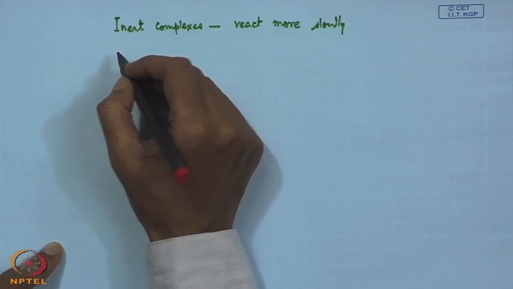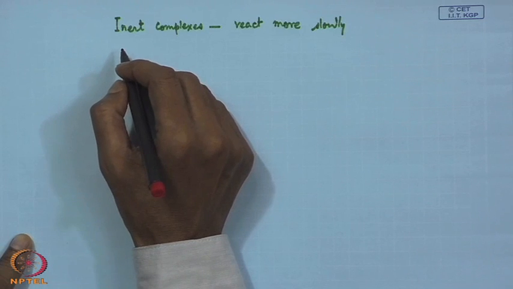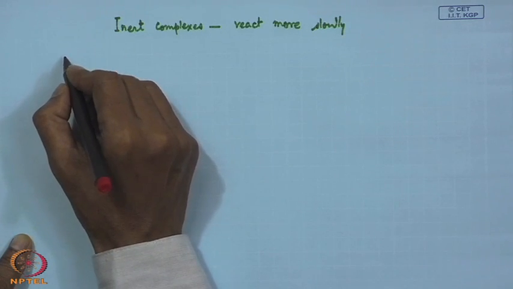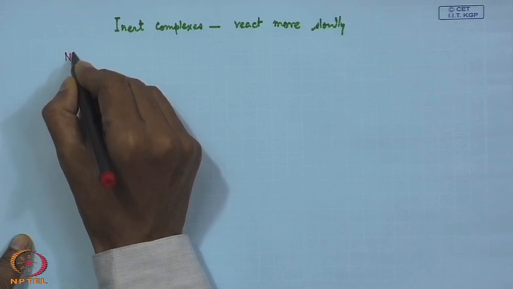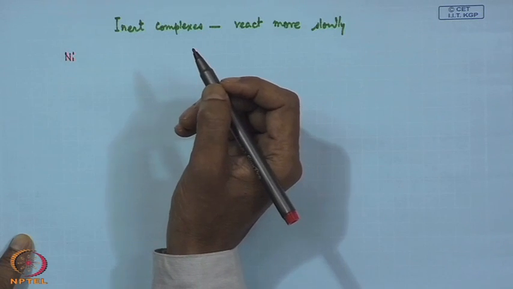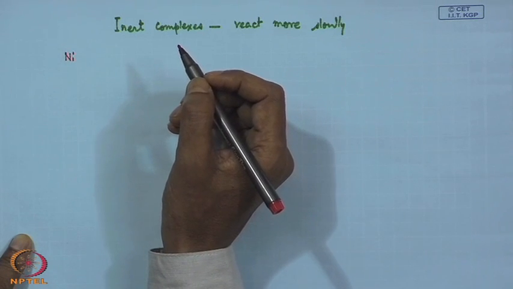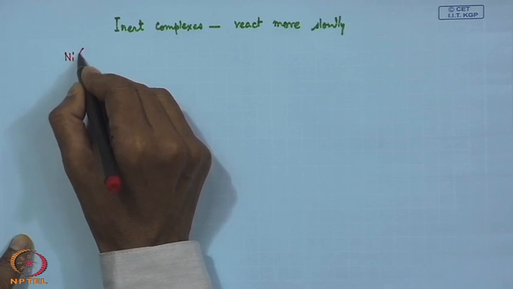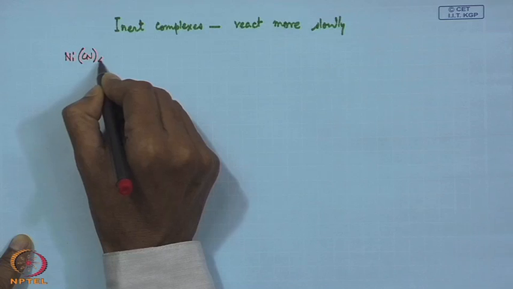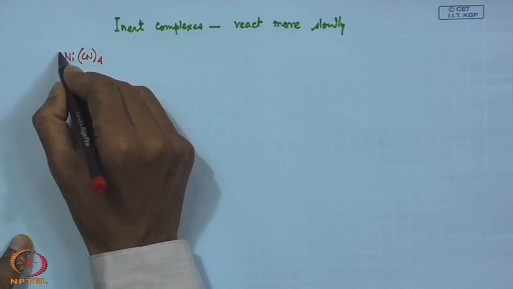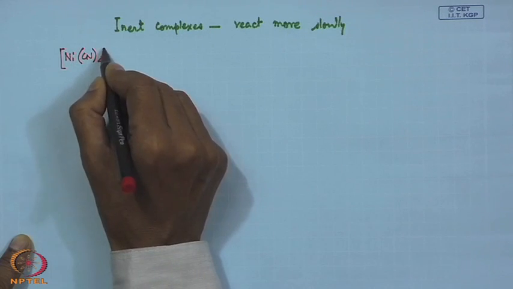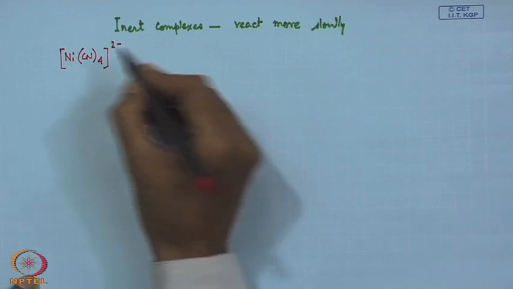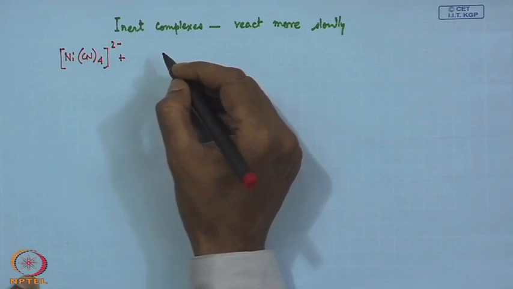So, apart from the corresponding stability in terms of the thermodynamic term, we have the 3d8 configuration in square planar geometry, such as potassium tetracyanonickelate or ammonium tetracyanonickelate.